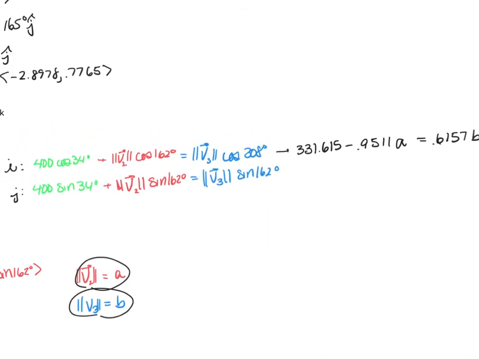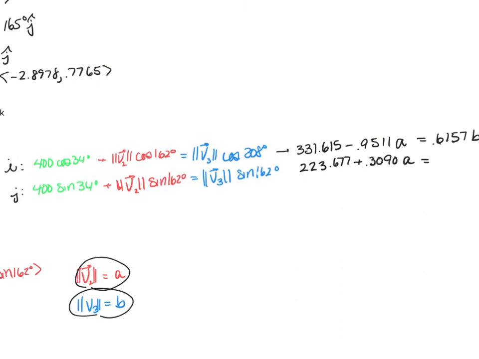So then for the second equation, I'm going to do 400 times the sine of 34 degrees, which is 223.677. And I'm going to do the sine of 162, so the sine of 162 is going to be plus 0.3090 multiplied by A. And then I have the, this should be the sine of 308.